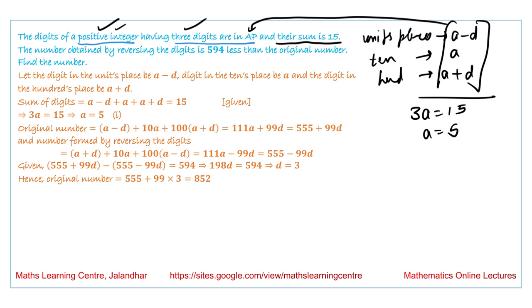Next, it is given that the number obtained by reversing the digits is less than the original. If we substitute this value, the digits are 5 minus d, 5 and 5 plus d.